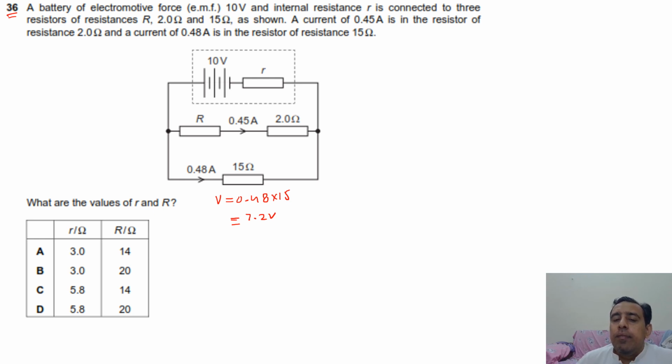So the current flowing in this is 0.48, 0.45. So the current flowing from the cell is the sum of these two currents. So 0.48 plus 0.45 will give you 0.93. So the current is 0.93 ampere.